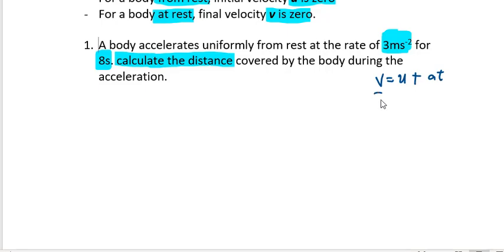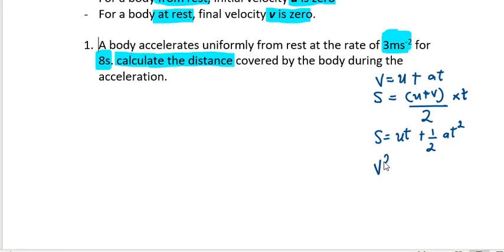Then we'll have another formula that says s equal to u plus v all over 2 times t. The next one says s equal to ut plus 1 over 2 at squared. The next one says v squared equal to u squared plus 2as.